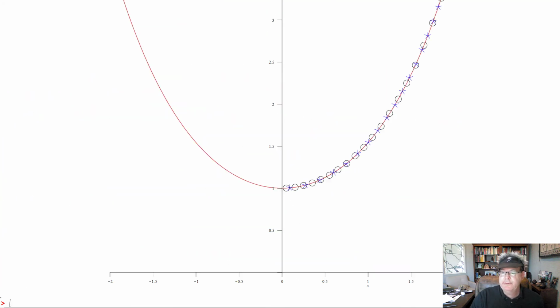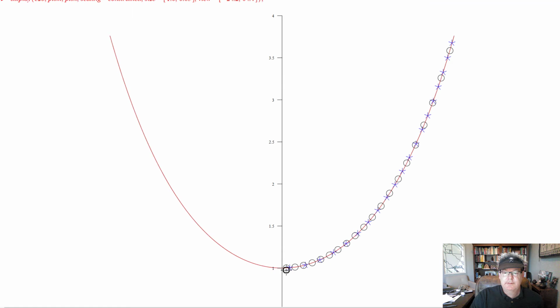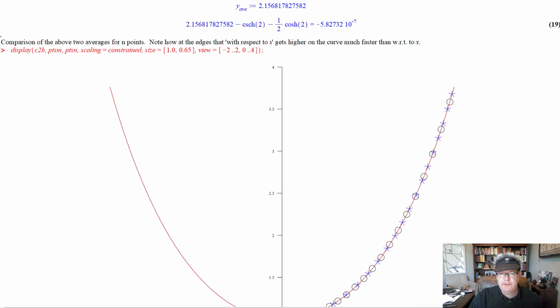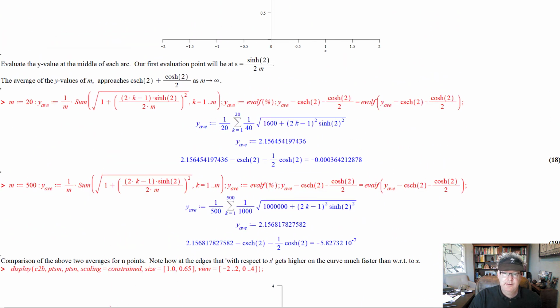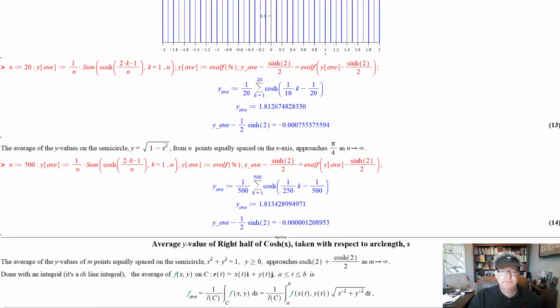Plot the 20 points of each together. I get more circles lower, and then it stretches out, whereas with the asterisk, it's kind of evenly spread. And no matter how many points you have, the average is going to be different. Just 2.16-ish for along the curve, 1.81 along x.